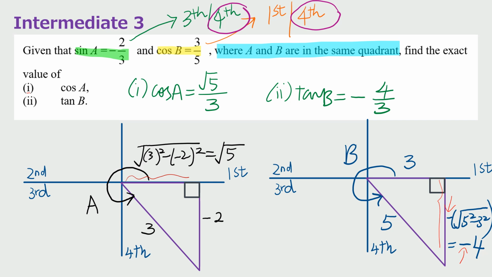Because cosine has to be positive when the angle is in the fourth quadrant, so it's a positive value. This is one way to check your answer also. And of course, tangent is negative if the angle is in the fourth quadrant.